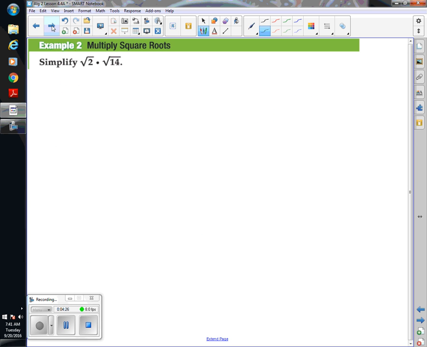Okay, so what I do here is I'm going to take the square root of 2 times the square root of 14. Now, I'm going to combine all of that into one radical. 2 is a prime number, so that's going to go under the radical. 14, on the other hand, when I break it apart, is 2 times 7, which are both prime numbers.